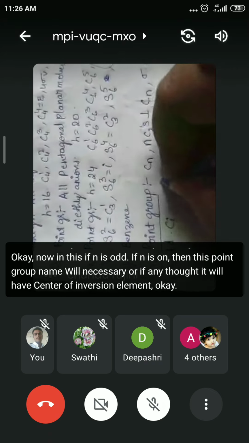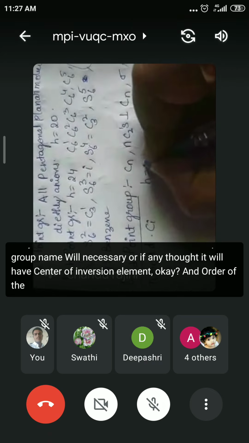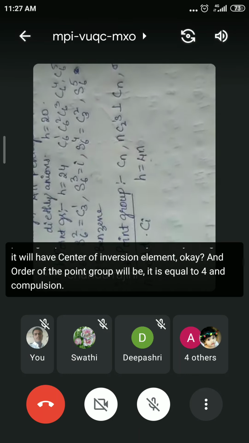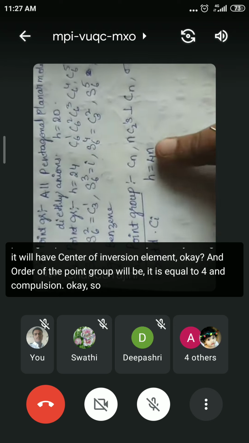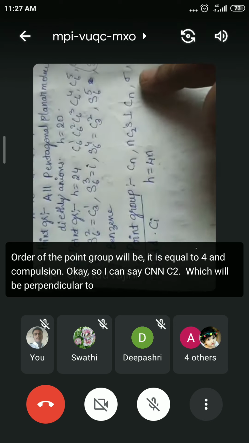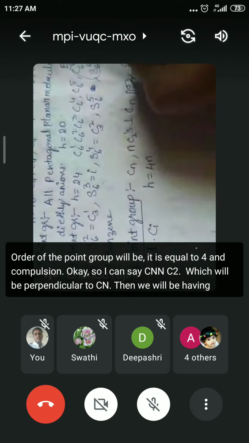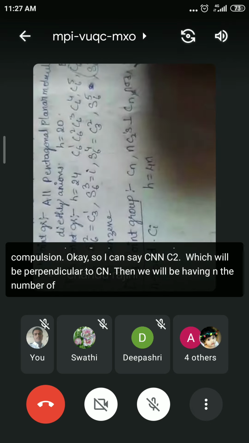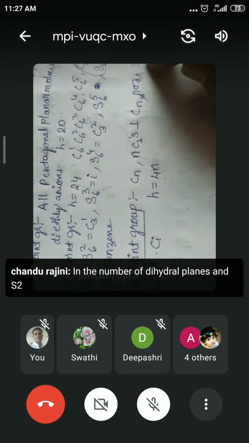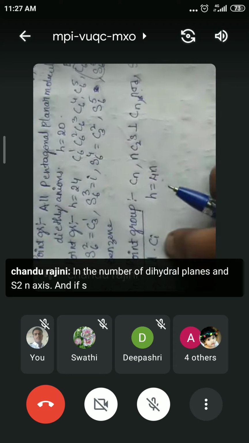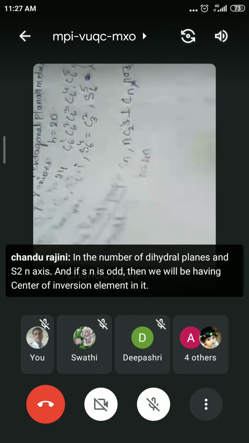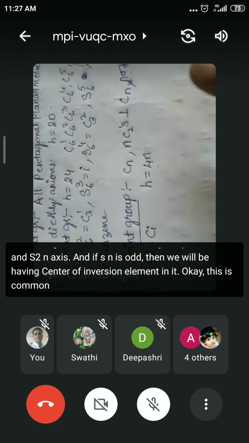And the order of the point group will be h equal to 4n compulsorily. So I can say Cn, n C2s perpendicular to Cn, then n number of dihedral planes and an S2n axis. And if n is odd, then we will have a center of inversion element in it. This is the common part we are speaking about.